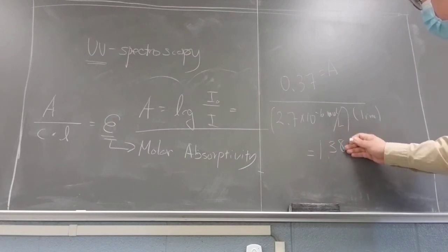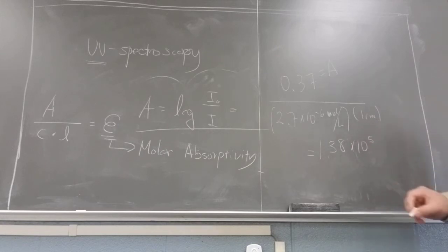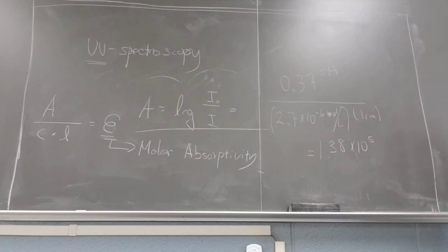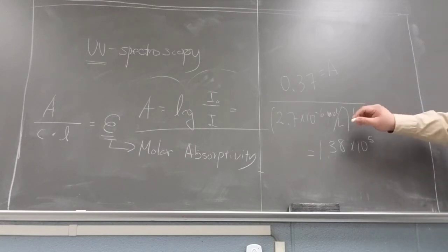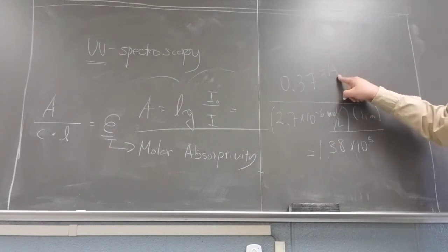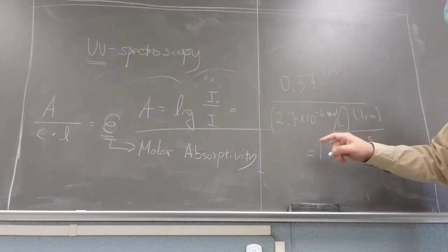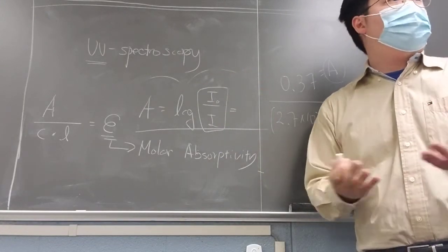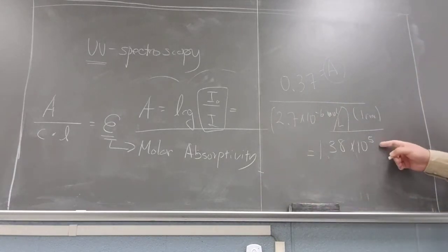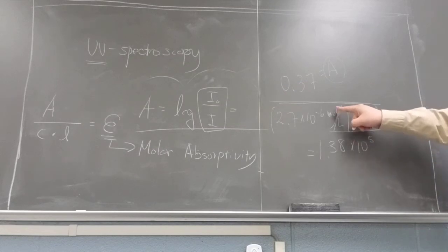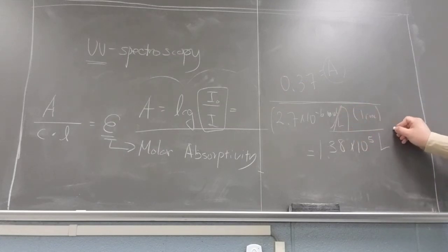times 10 to the fifth. And then the unit will be this one. Do you see this unit over here? Do you guys remember this? The absorbance is unitless because the intensity of the light over intensity cancels, so the unit is canceled. But this is in the denominator of the denominator, so it will be switched: liter per mole centimeter.